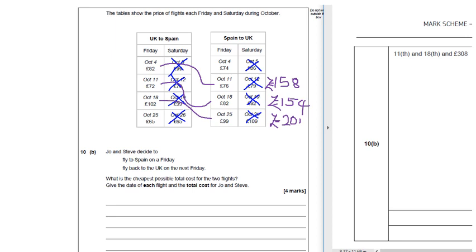Give each date and flight. Okay, so obviously I'm looking at this one. So give the date of each flight. Flight 11th October.